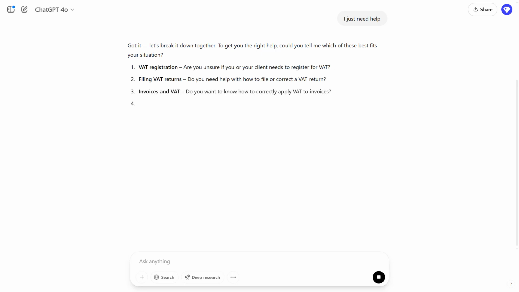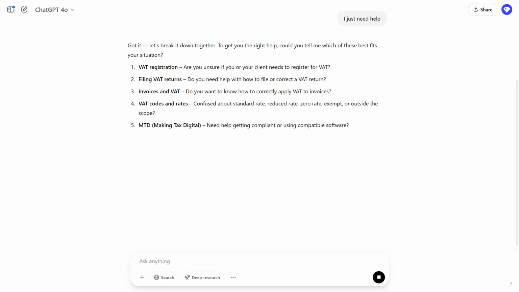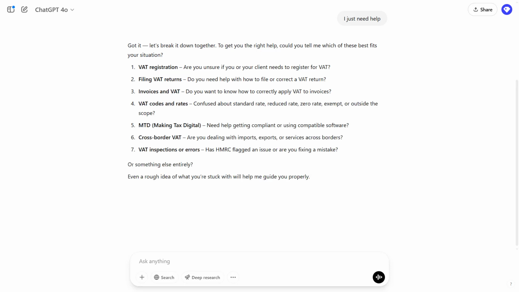And so it's given us a very vague checklist. Is it that you don't know what your client needs? Are you struggling to file VAT returns? It doesn't know. It's even going to lengths to basically ask us, what are you actually trying to do? I don't really know what you want me to do. So that's an example of what happens when you have a very poor prompt.